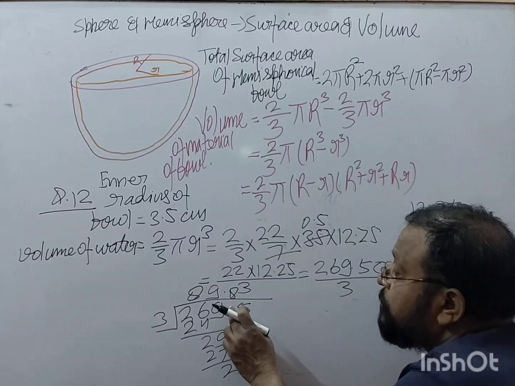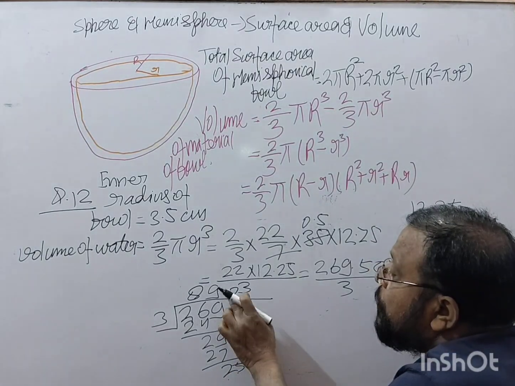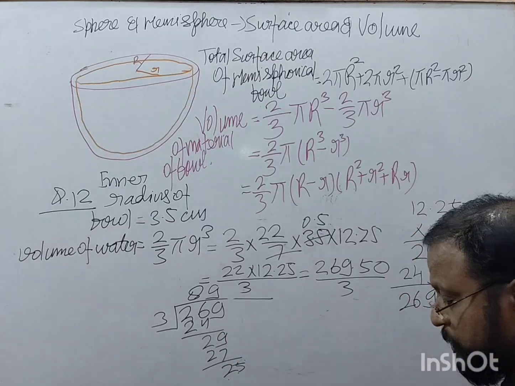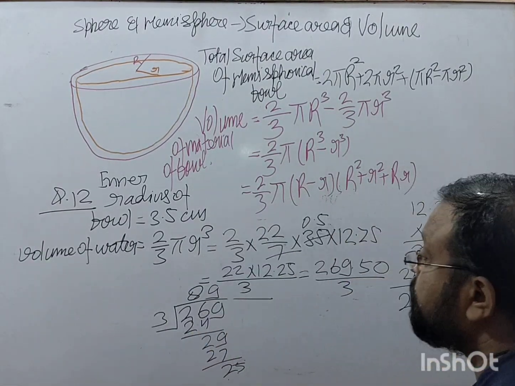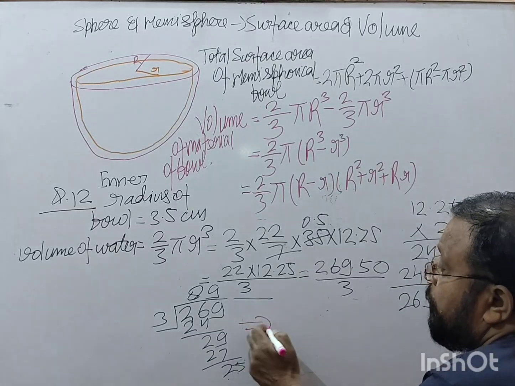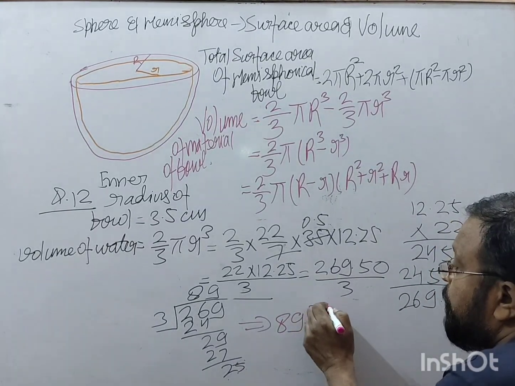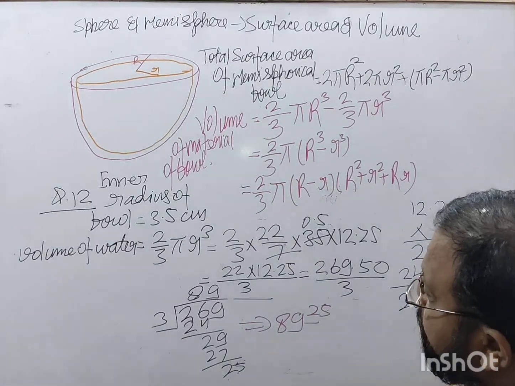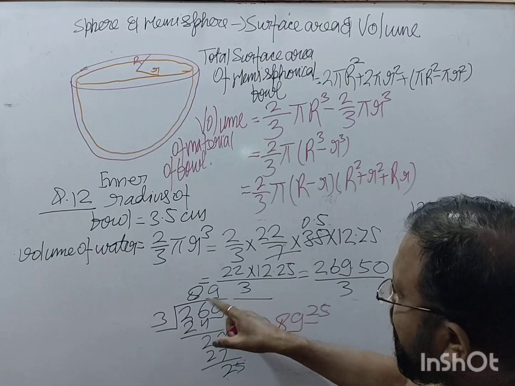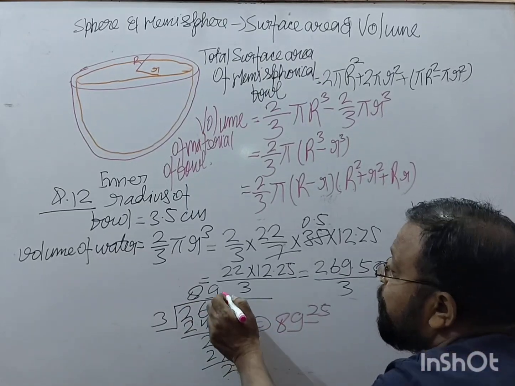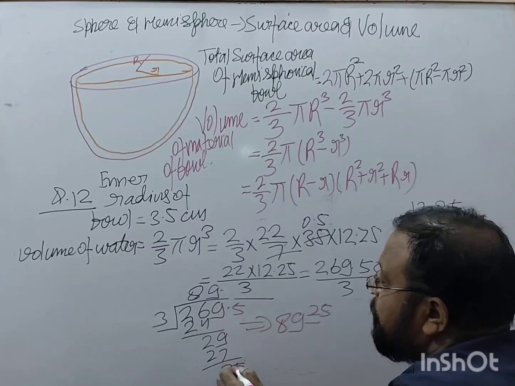Actually, we take this 5 here and we will not solve it. Right? So it becomes, we get 89 whole 25, right? There was decimal 0.5, na? So that decimal gets removed. You put one decimal. There was a 0.50, right?